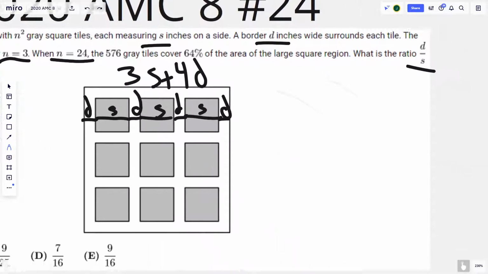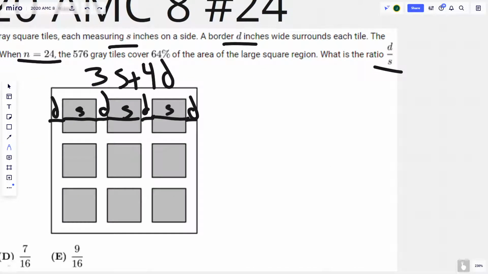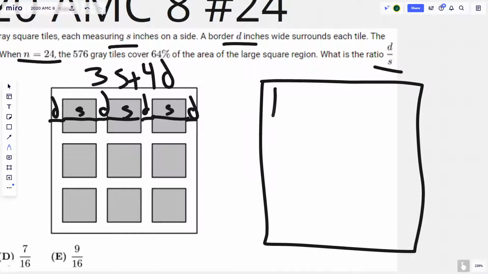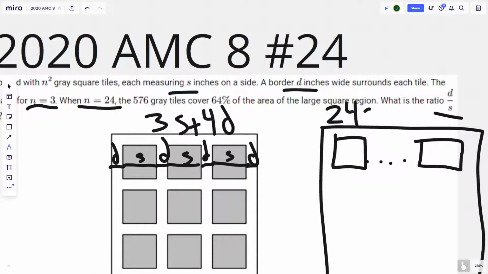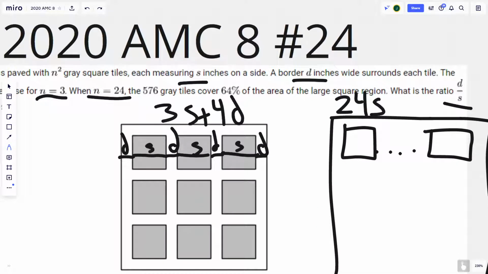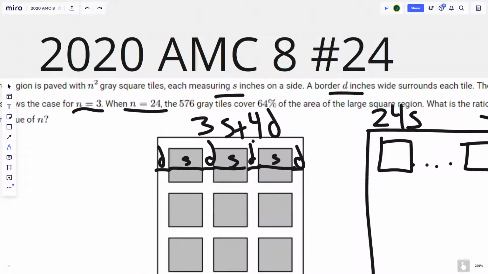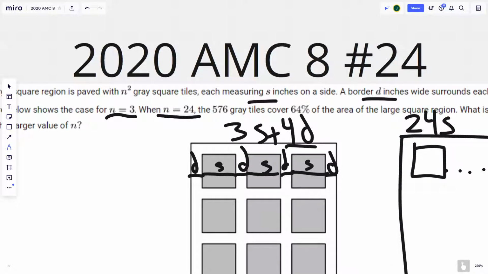So what we suspect is that when we generalize this to n equals 24, 24 of these squares in a row would give us the 24s in our side length. However, we also have a bunch of these d's that we have to account for, and we need to know how many there are. In n equals 3, we had 4d, which is suspiciously one more than n.